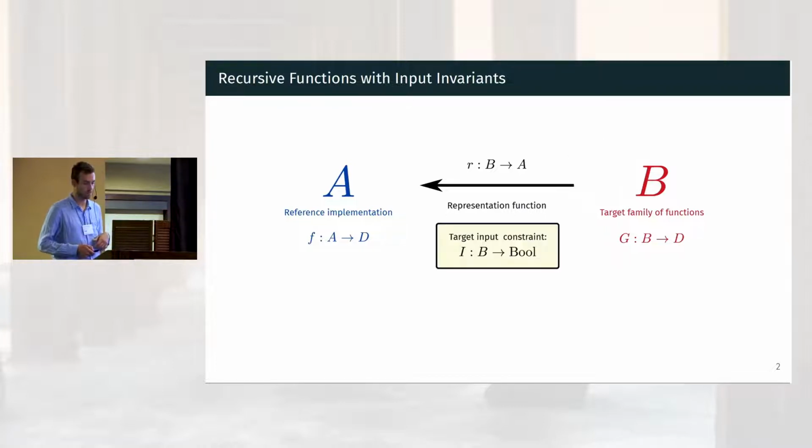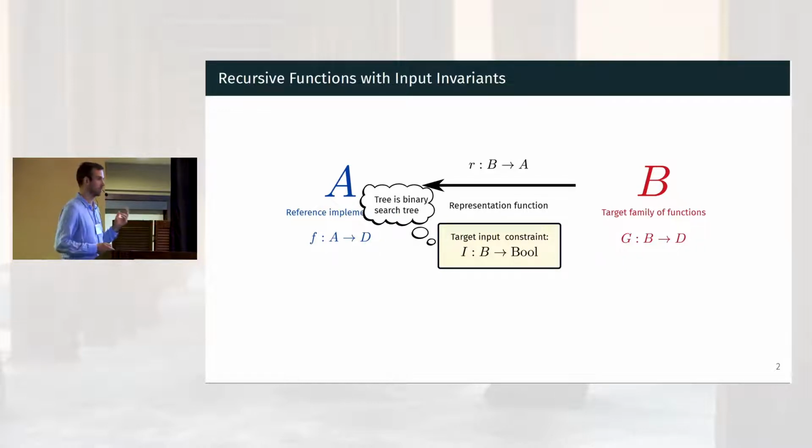And the last component that the user specifies in our problem is some input constraint on the target family of functions. For example, here the user can specify that the tree should be a binary search tree. And so that's also another recursive function.